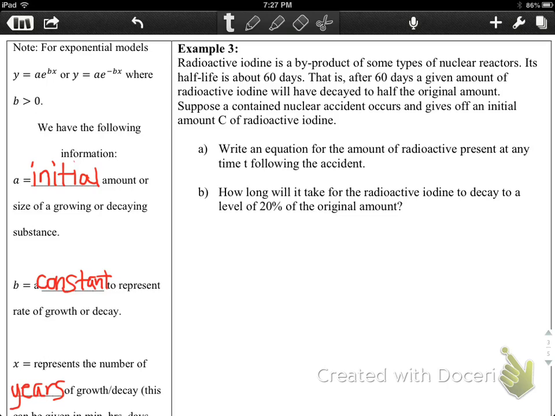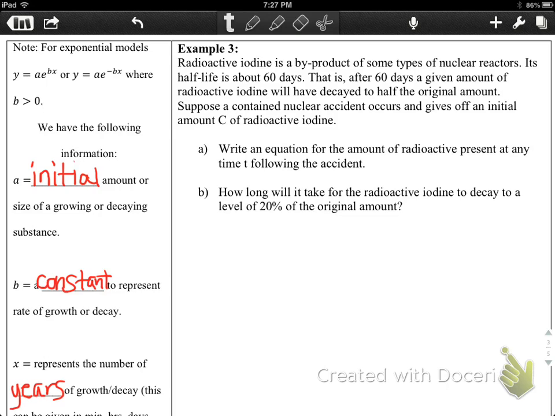So again, remember in example 3, we either had to use our exponential growth model or decay model. And like I said, for the most part, you will be given the model in the problem, except unless it's a decay or a growth, because that one, for the most part, they expect you to memorize because you have to derive different variables in that function.